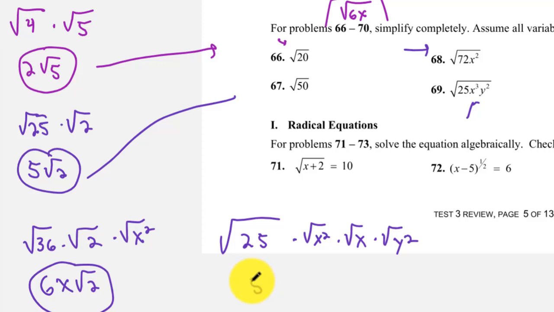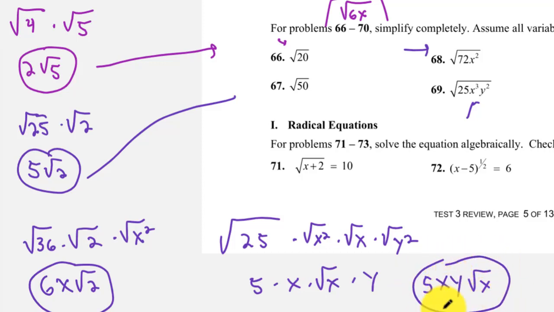Right, the square root of 25 is 5. The square root of x squared is x. There's nothing we can do with the square root of x, but the square root of y squared is y. So if I put this all together, I get 5xy times the square root of x as my final answer for number 69.